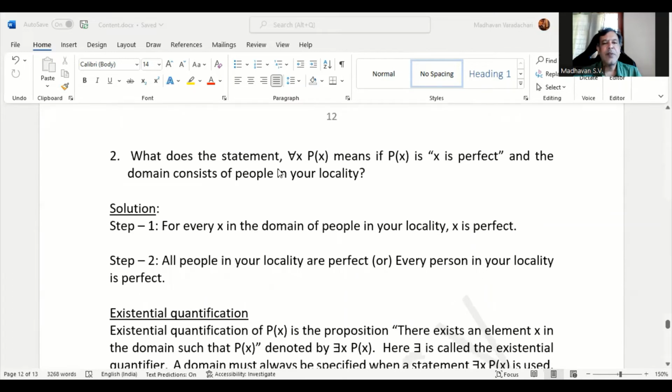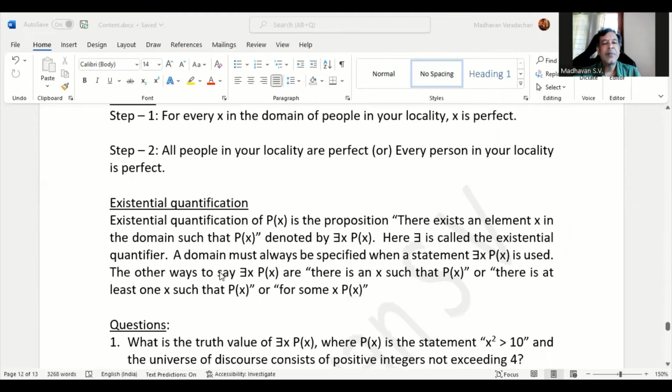What does the statement for all x P of x mean if P of x is "x is perfect" and the domain consists of people in your locality? Step one, for every x in the domain of people in your locality, x is perfect. Then we can modify that as all people in your locality are perfect, or every person in your locality is perfect. Like that we can write it in English.